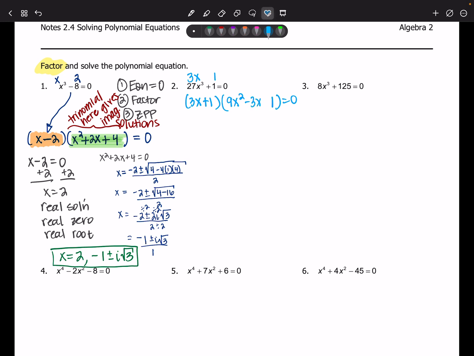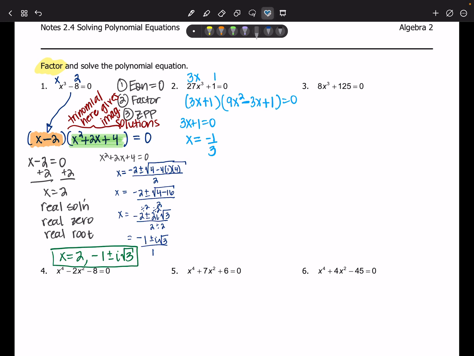This is a plus, a minus, and a plus. I'm going to set 3x plus 1 equals 0 and solve that. I subtract 1 and divide by 3. And then the second factor, 9x squared minus 3x plus 1, because this was a sum of two cubes, remember, that trinomial always produces imaginary roots.